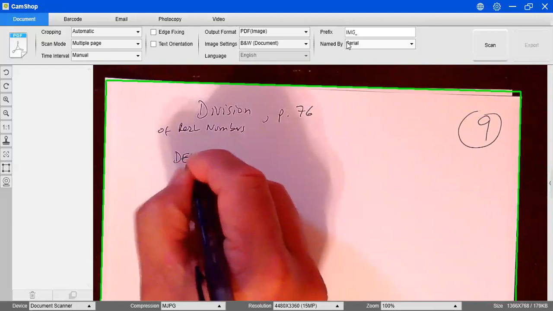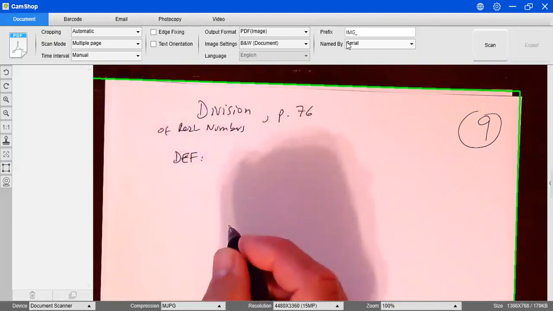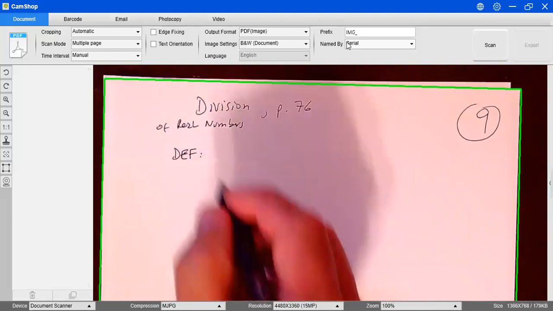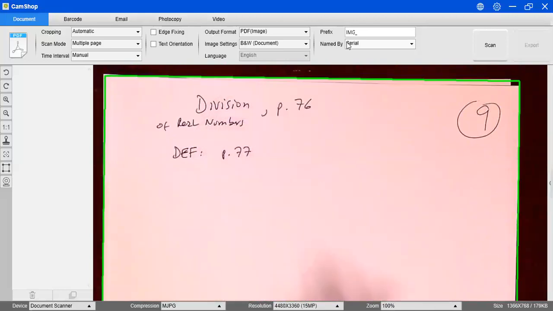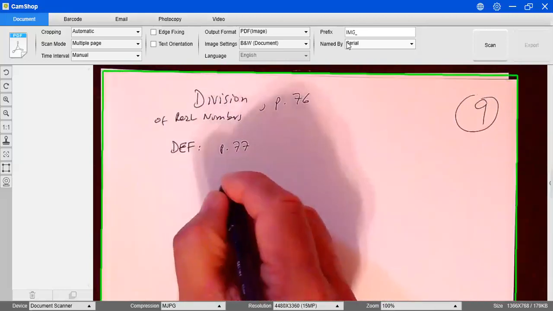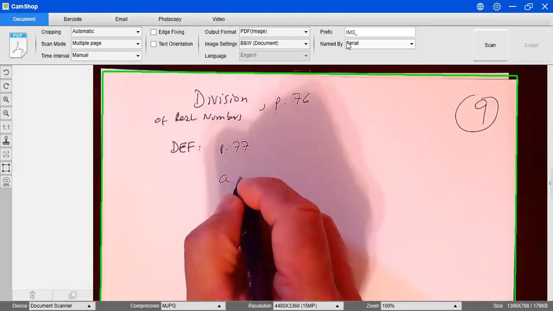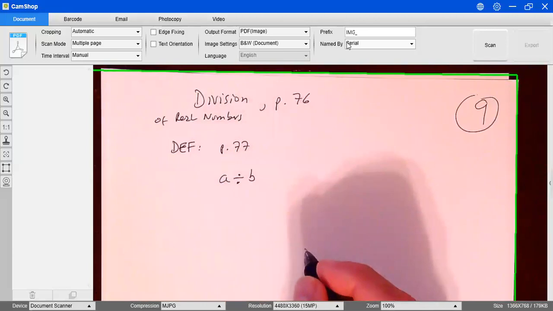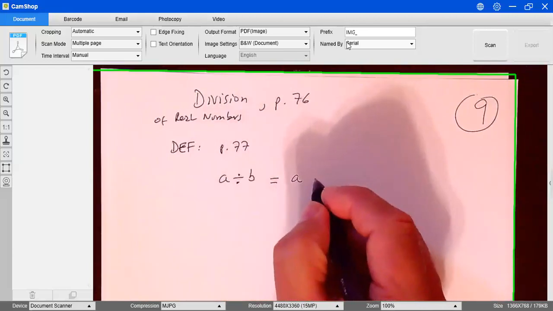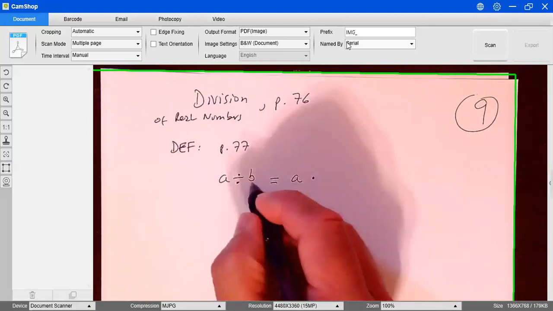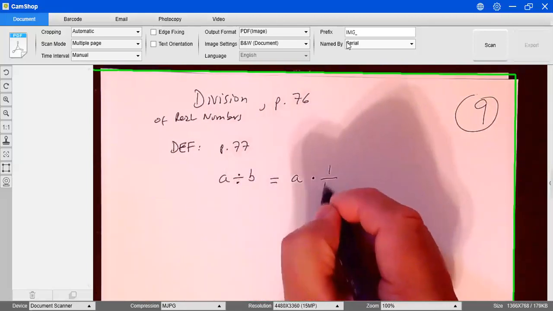The definition is on page 77. It is inside of a green box that you can read later. I'm just going to write that A divided by B is the same as A multiplied by the reciprocal of B.